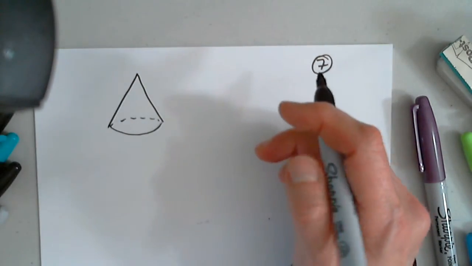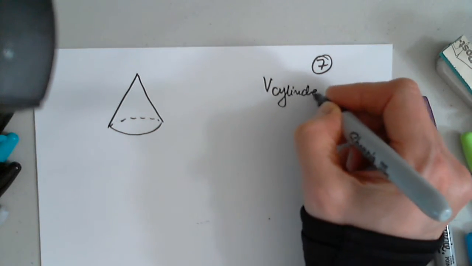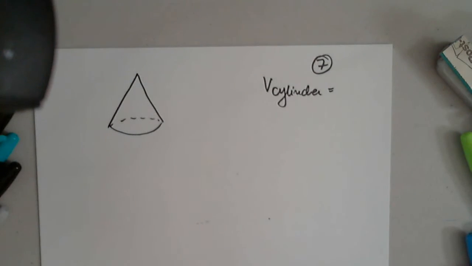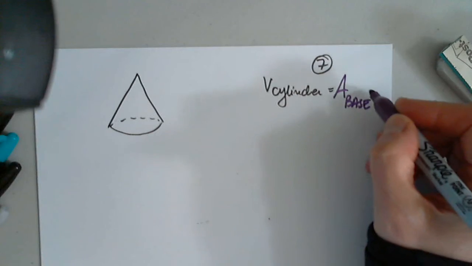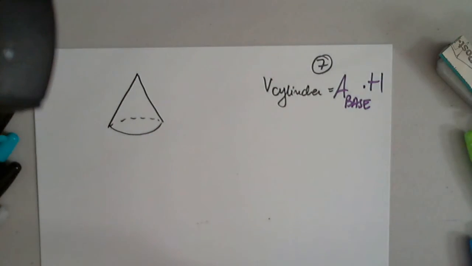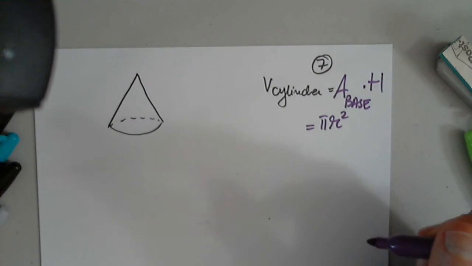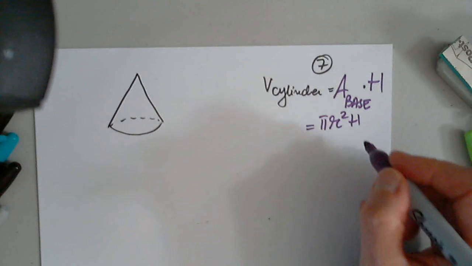I would like to refresh your memory on the volume of a cylinder, which is area of the base times the height. But the area of the base is, as we just had it, like a circular disk, pi r squared times the height.